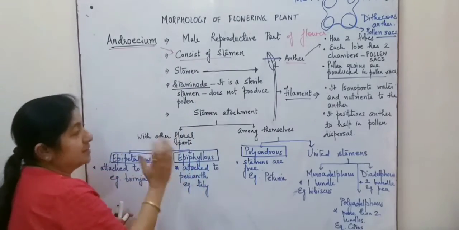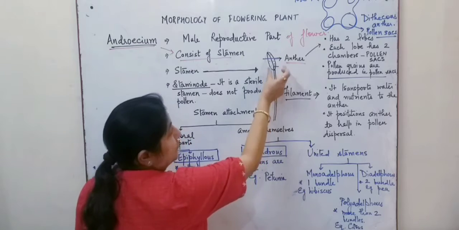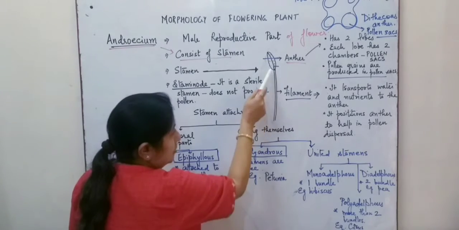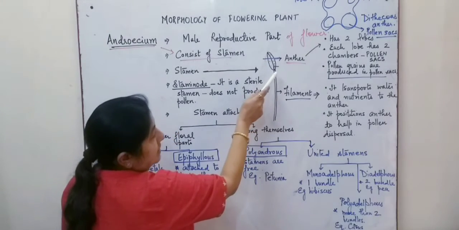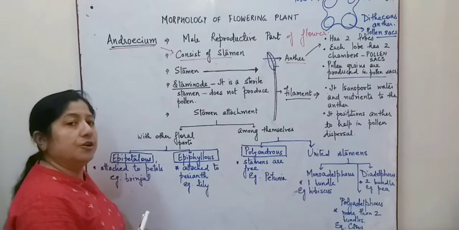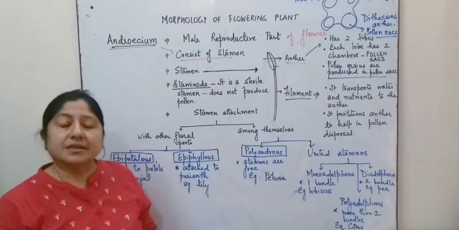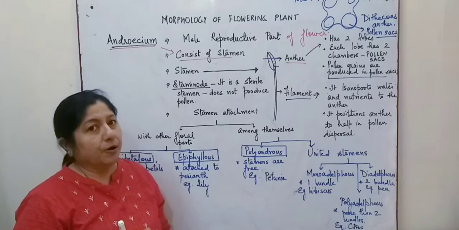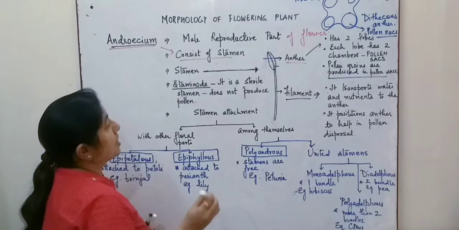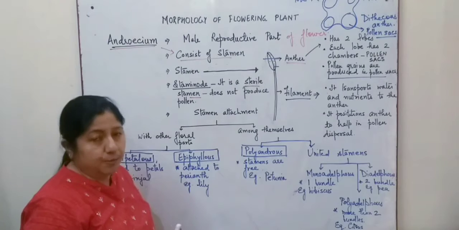So the stamen basically consists of anther and the filament. The anther is the site where the pollen grains are produced. The filament is the tubular structure that connects the anther and the main body of the flower. Now, when we talk of the anther, it is always considered as a site of pollen grain production. But there are certain stamens which are sterile stamens. That means they will not be producing the pollen grains.